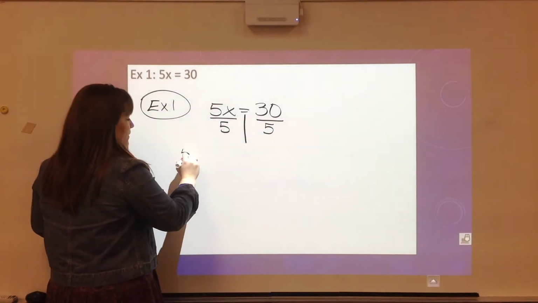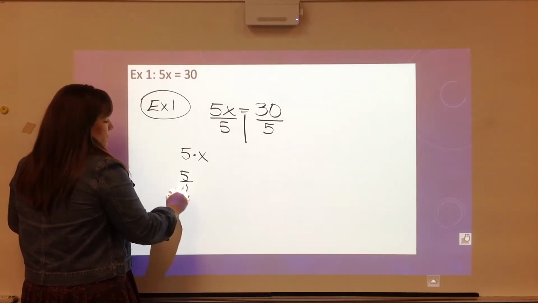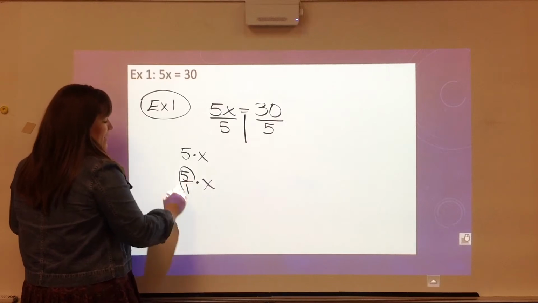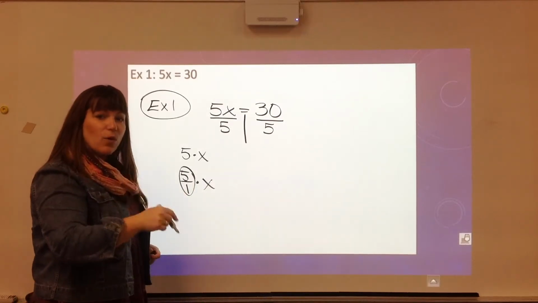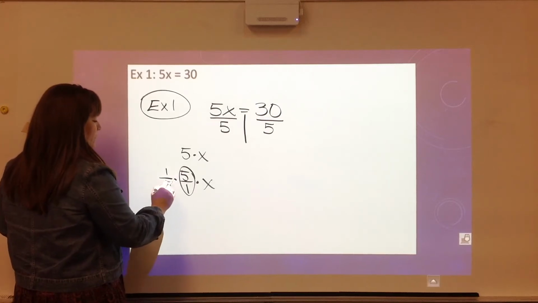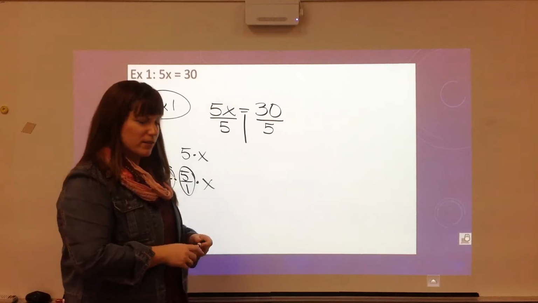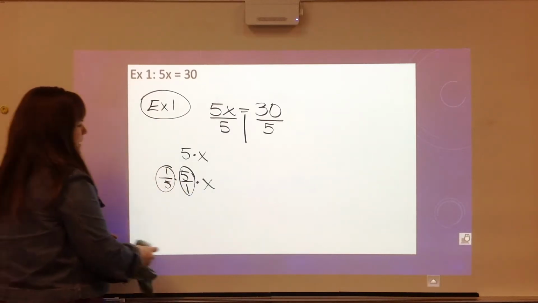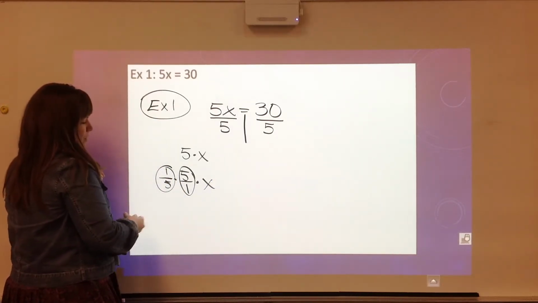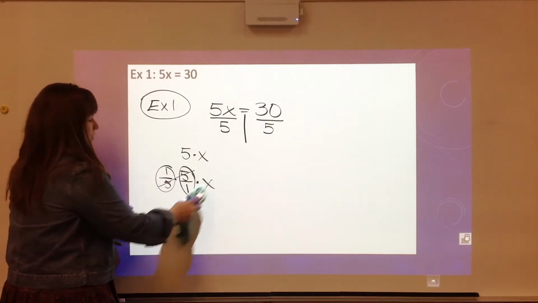If you remember, 5 times a number is really 5 over 1 times that number. How do you get rid of a number over 1? You multiply it by its reciprocal, 1/5. This is the same as just dividing by 5. So that's why this is working, just to give the background. Because 5/5, that cancels each other out, and we just have x.